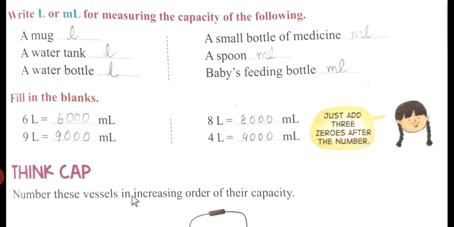So number these vessels in increasing order of their capacities. So let's think, how you can measure these vessels in increasing order.